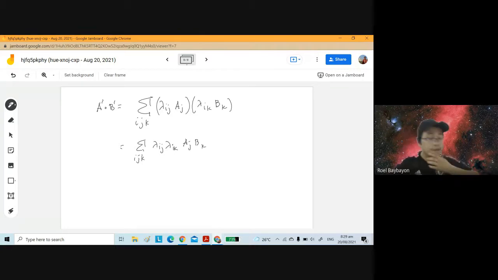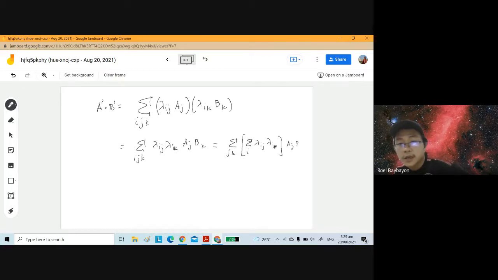bk. Now, recall that orthogonality condition. If I rearrange this, I have the summation of jk, taking the summation of I, the summation of I, lambda ij, lambda ik, times aj, bk.